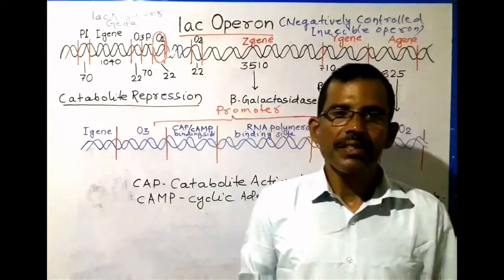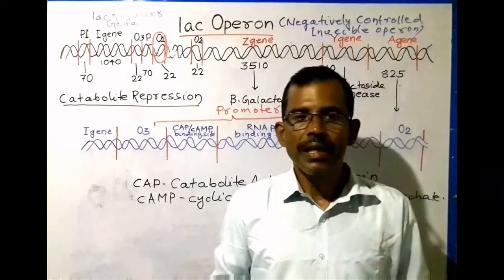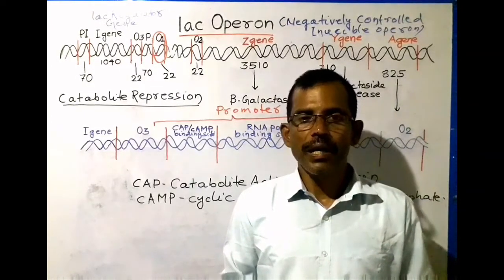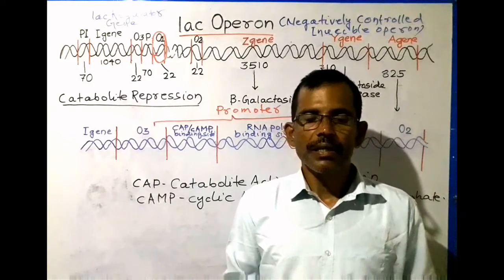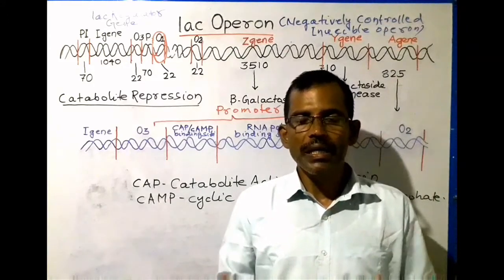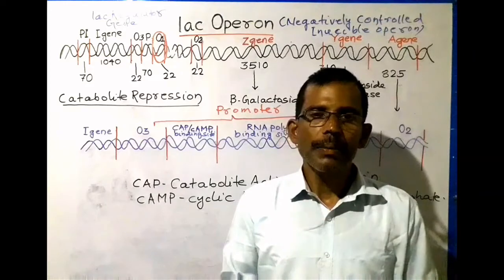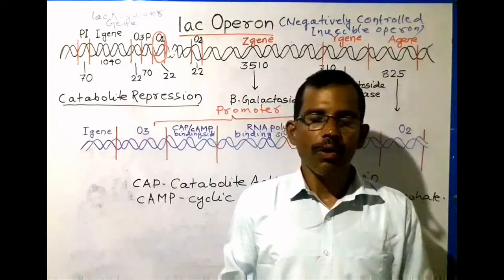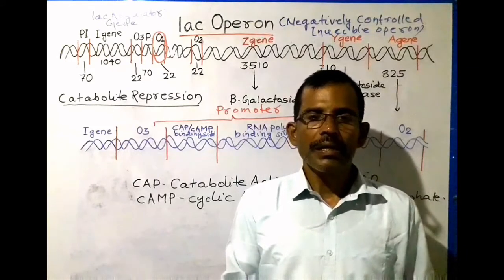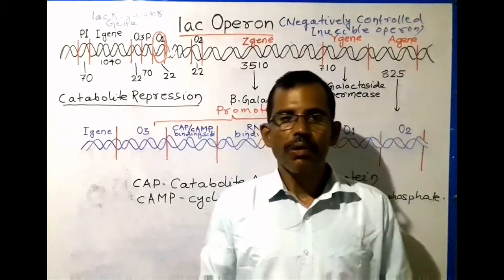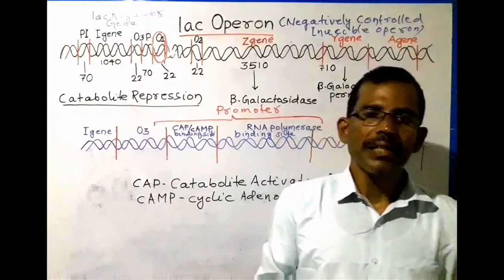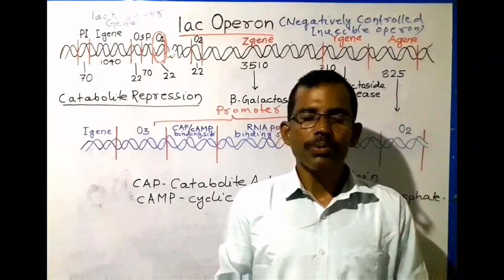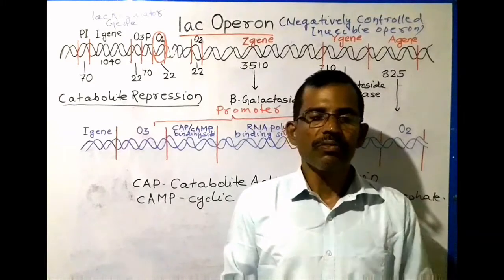There is an enzyme known as adenylate cyclase. Adenylate cyclase is an enzyme that catalyzes the formation of cyclic AMP from ATP. Glucose inhibits the activation of the enzyme adenylate cyclase. So when the enzyme adenylate cyclase is inactivated, sufficient amount of cyclic AMP is not formed.